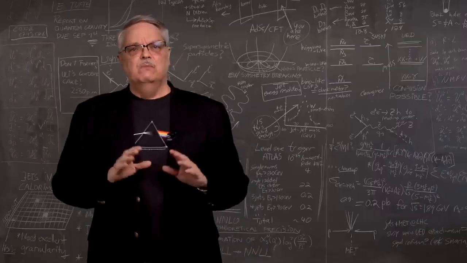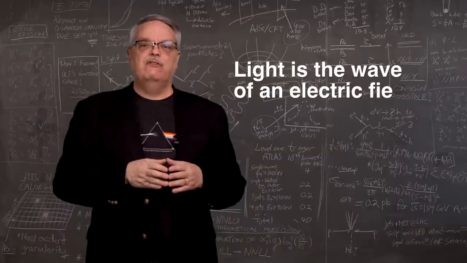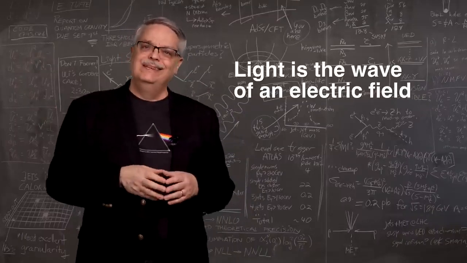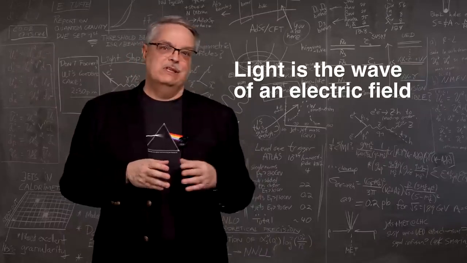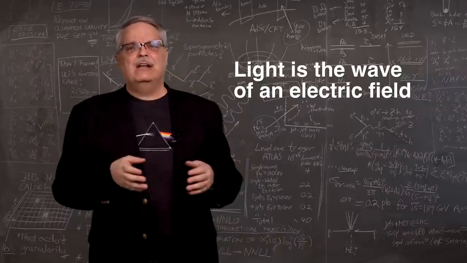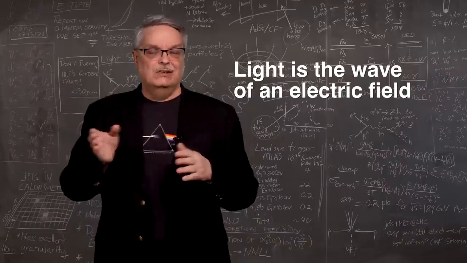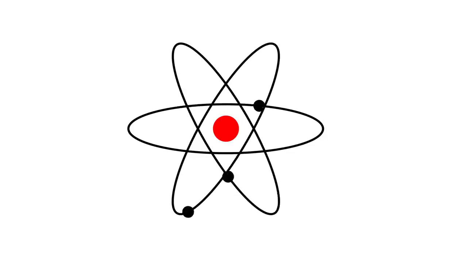So let's get back to light moving through glass or water. Remember that light is a wave of electric fields. It oscillates with a characteristic wavelength and frequency. That wavelength depends on the color of light, with blue light being about 400 nanometers and red light being about 700. The numbers don't matter as much as that you remember that light is changing electric fields. Now, of course, glass is made of atoms, which are surrounded by electrons.